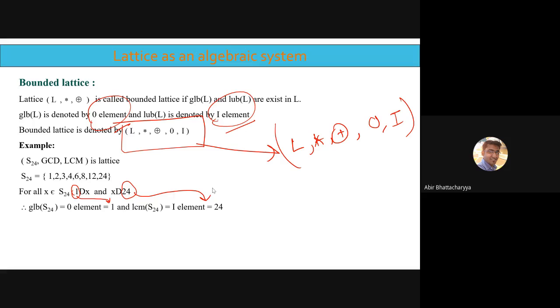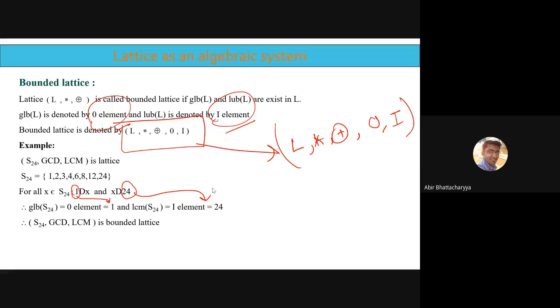Sometimes the 0 element or I element may be outside the set, then we can say that the set is not a bounded lattice. In this case, both 1 and 24 belong to S24. Finally, we can say (S24, GCD, LCM) is a bounded lattice, because the 0 element and I element both belong inside S24 only.